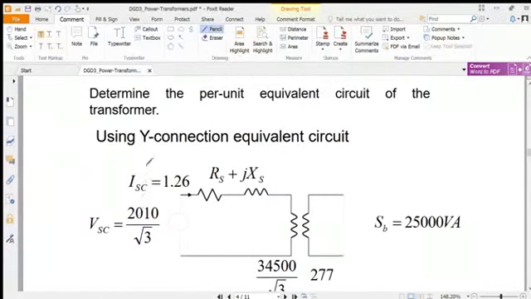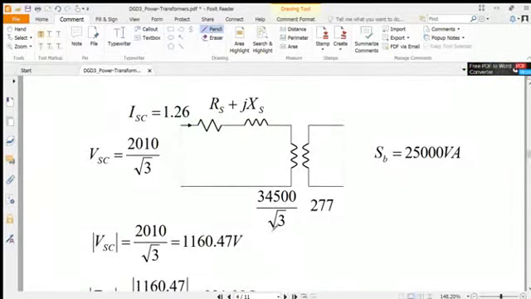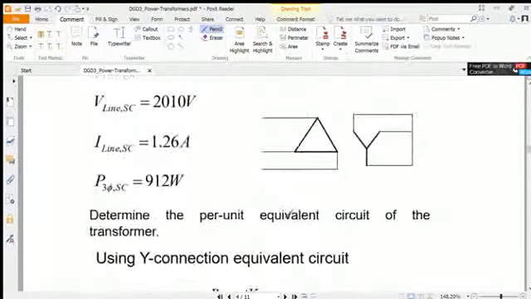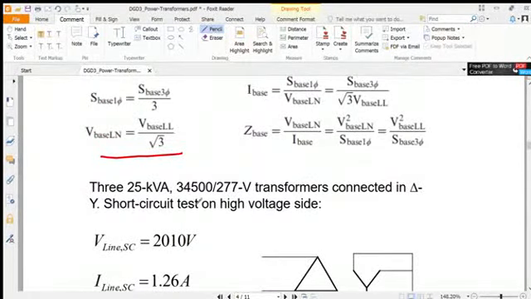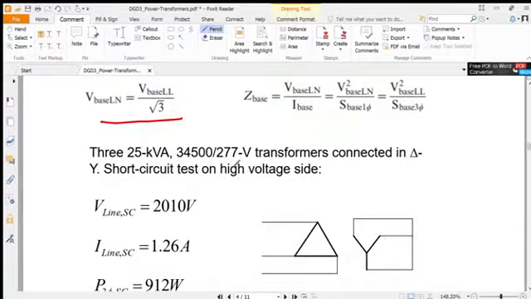Because in Y connection the line current and the phase current remain the same, but the phase voltage is the line voltage divided by root 3. Here is the impedance of the transformer, and this is the transformation ratio, because the line voltage is given.